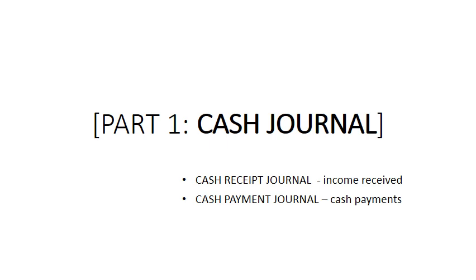In this journal, we will record the cash payments. The source documents that will be used in the journal are the check counterfoil and the bank statement for EFT payments, debit orders, and stop orders.